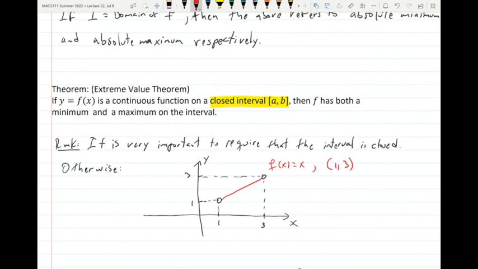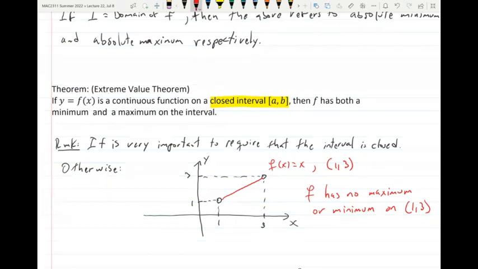Okay, so f has no maximum or minimum on the interval (1, 3), because no matter what point on the graph you pick, you can always go slightly higher. The maximum would be at 3, but it's not included.